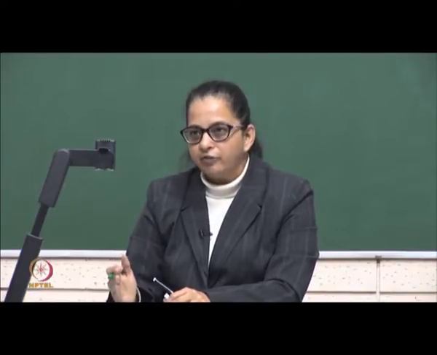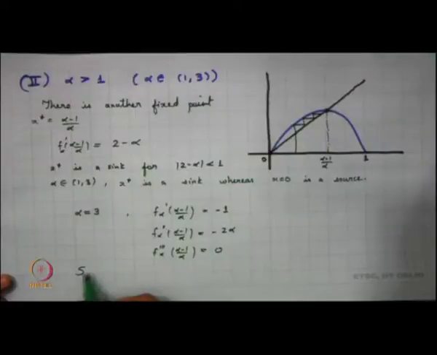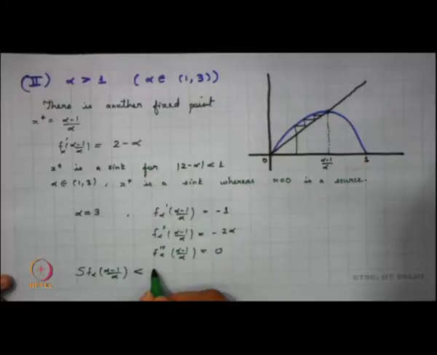So, we now need to look into the Schwarzian derivative of f alpha at this particular point, and we find that the Schwarzian derivative of f alpha at alpha minus 1 by alpha is less than 0, because this term is missing.